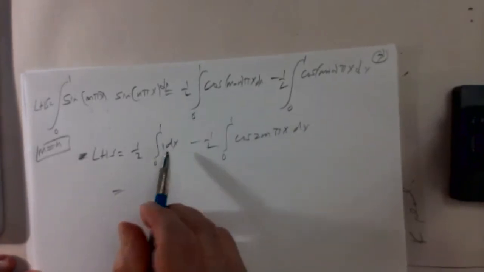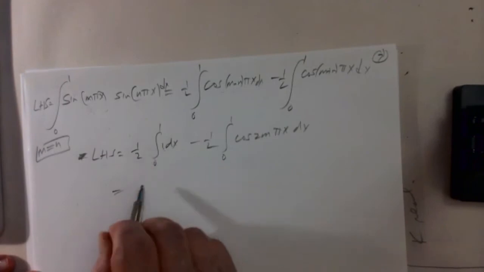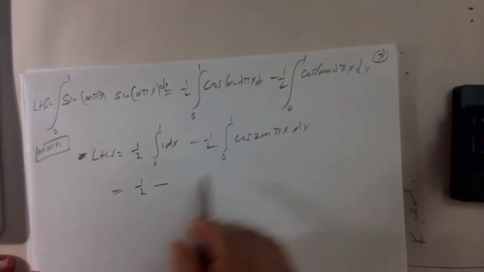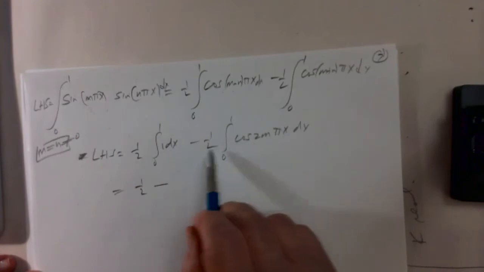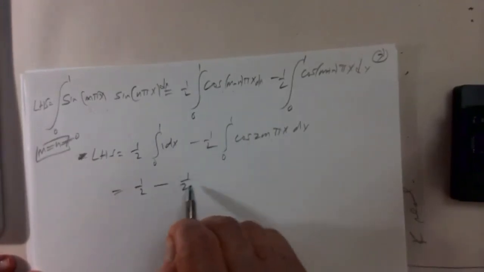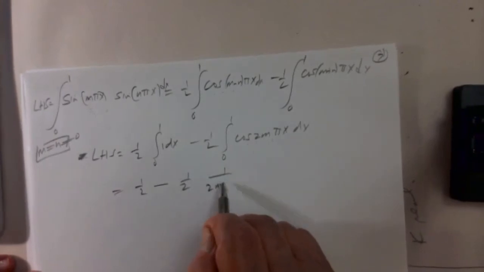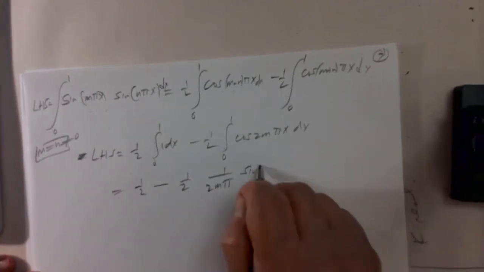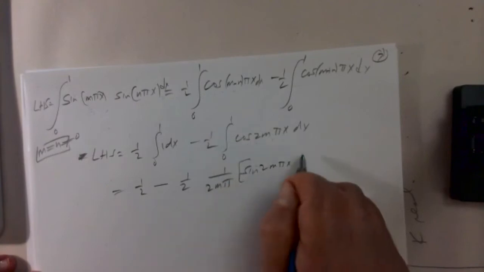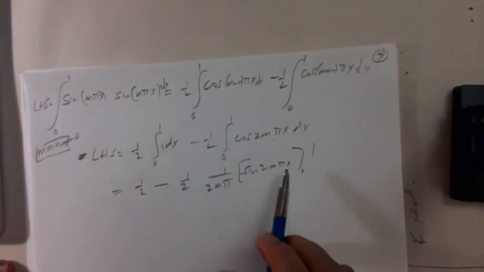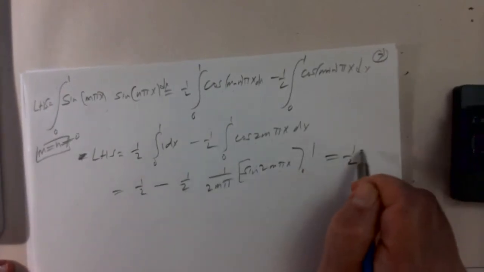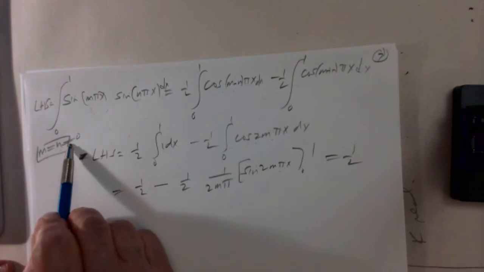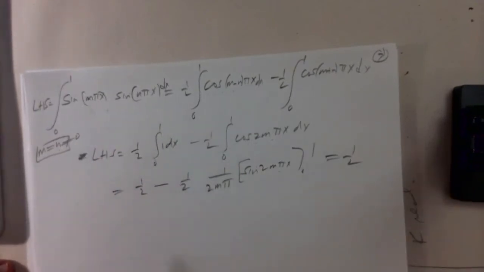The integral of 1 from 0 to 1 is x from 0 to 1, which is 1. So this is a half minus, let's see, m equals n, not equal to 0, so the integral of cosine 2m pi x is 1 over 2m pi sine of 2m pi x, evaluated from 0 to 1. This is 0 at 0 and 0 at 1. So this term is 0. So I have a half minus 0, which is a half. So if m is equal to n, different from 0, this integral equals a half.